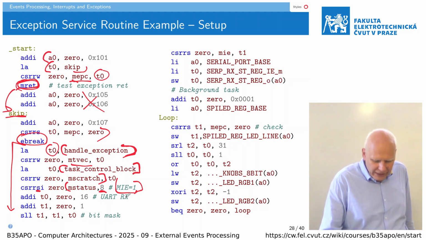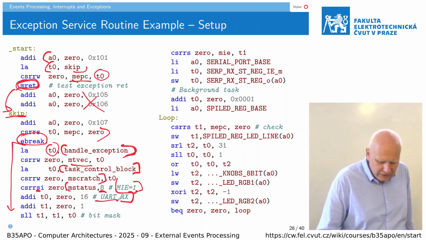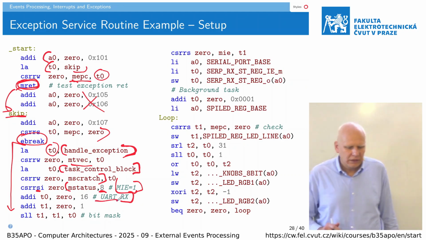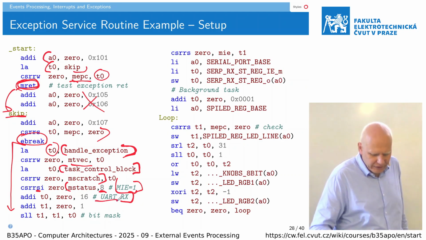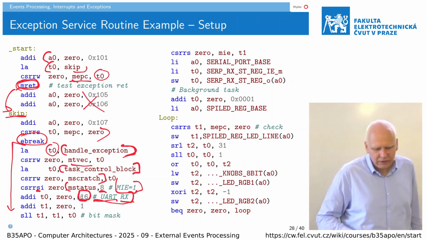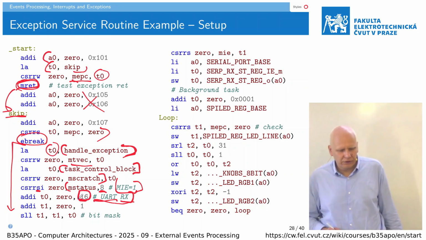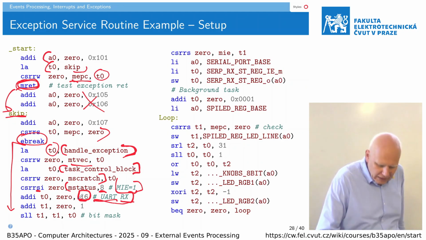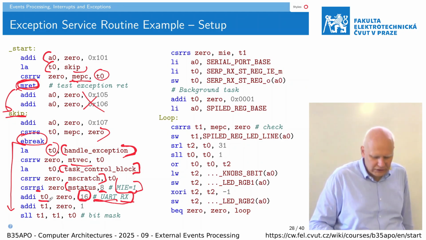for our case, the interrupt is caused by the UART character arrival in our simulator. It is specific for our simulator. It is the interrupt source 16. And we store this value to T0.